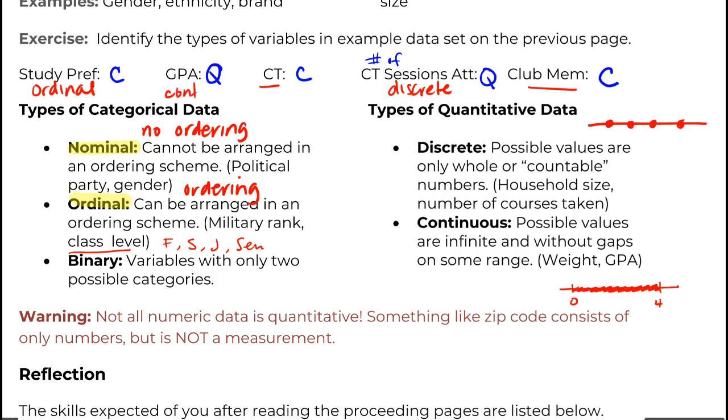Now, as a note, there are a lot of variables that I don't want you to think too hard about. An example would be something like age. I understand that I'm not going to report to people that I'm 34.6 years old. I'm going to tell people I'm 34 years old. So I get that that is not a thing that we normally think of as continuous.